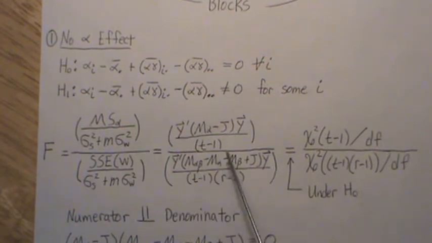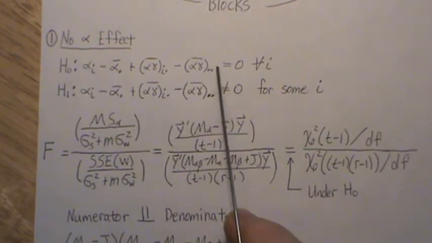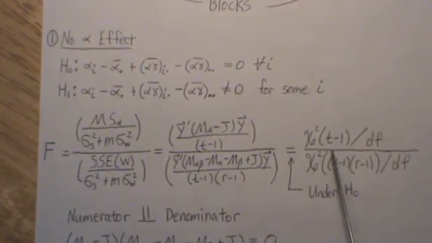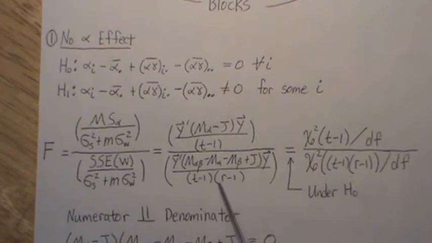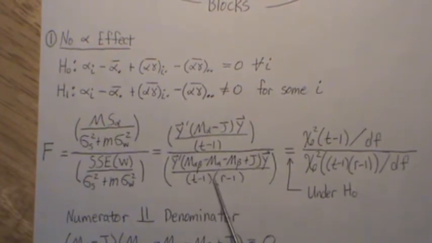And that's it. And so this is a chi-squared with t minus 1 degrees of freedom divided by its degrees of freedom. Now this, of course, is under the null hypothesis that there's no effect, so the non-centrality parameter is 0. And this one is always a central chi-squared distribution.